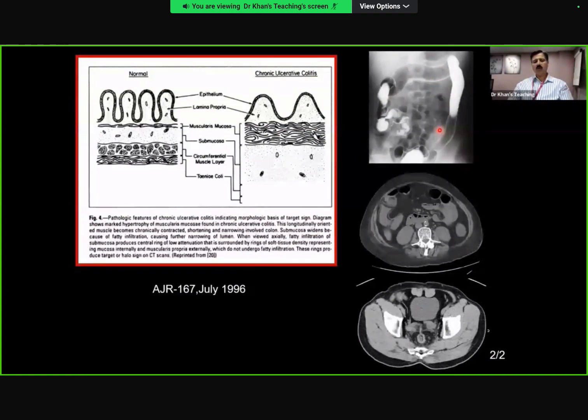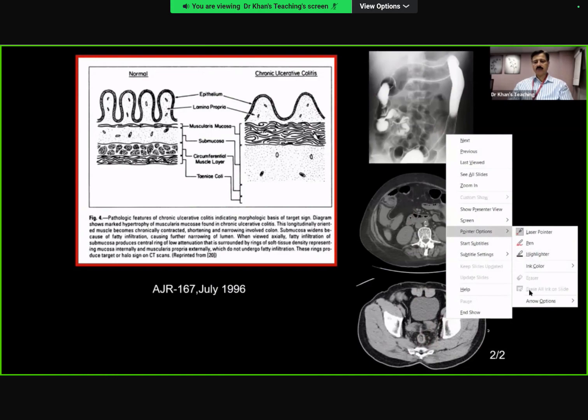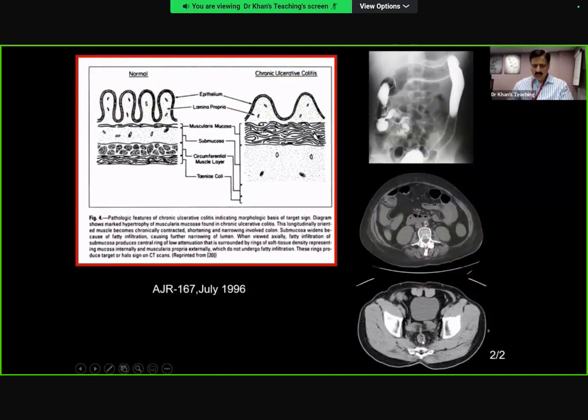And on cross-sectional imaging, as in a CT scan, if you see here, look at this rectum, and here you can see that, let me change my mouse. You can see that there is a fatty layer, and there is a submucosa, and then is the muscularis propria.